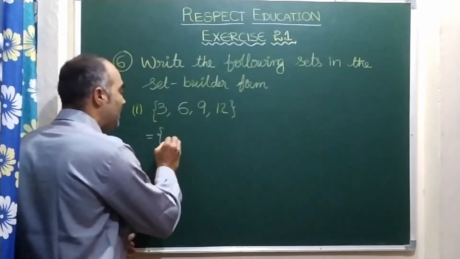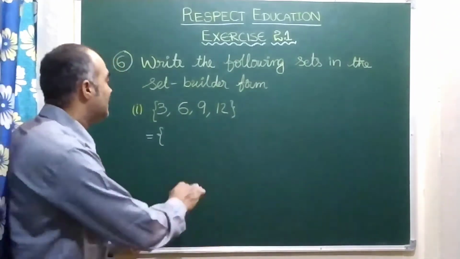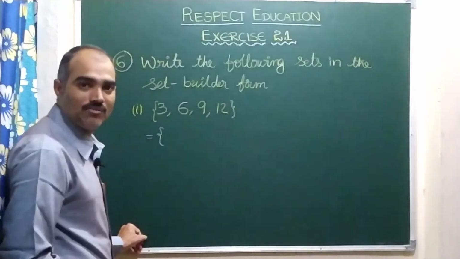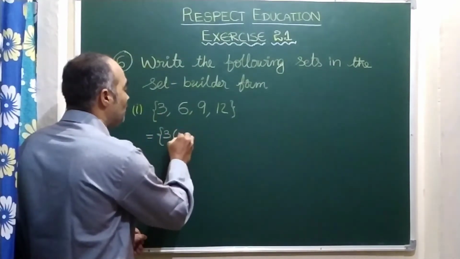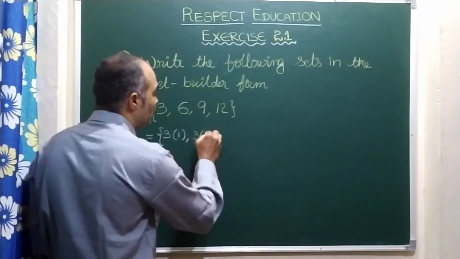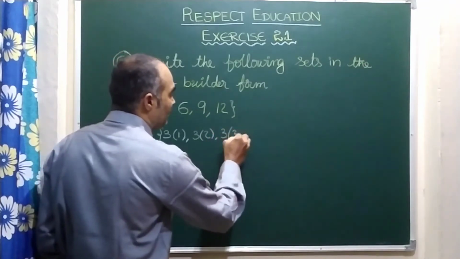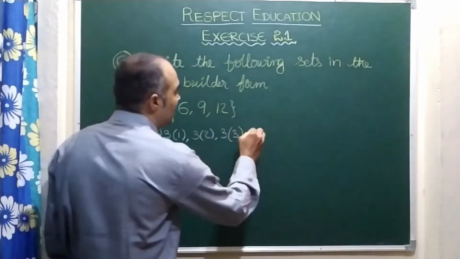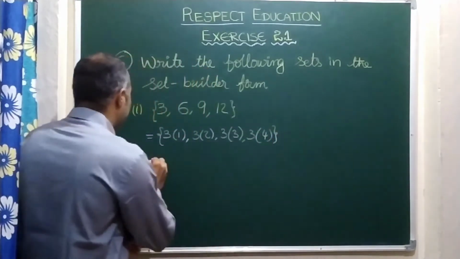We need to find a common property, children. If you are able to catch the common property, then writing set builder form will be very easy. Let us see here, you see 3 can be written as 3 into 1, 6 can be written as 3 into 2, 9 can be written as 3 into 3, 12 as 3 into 4, right?